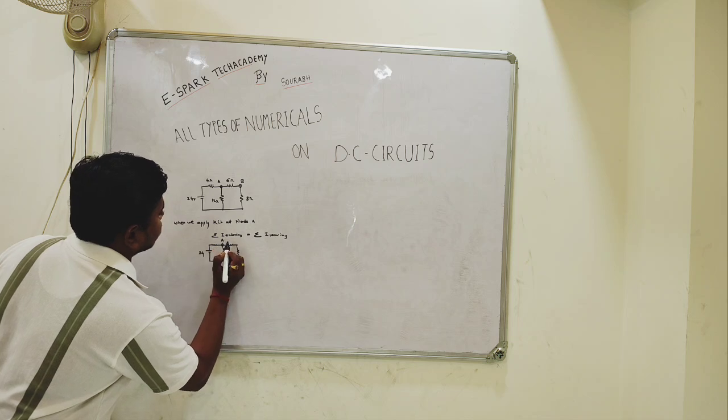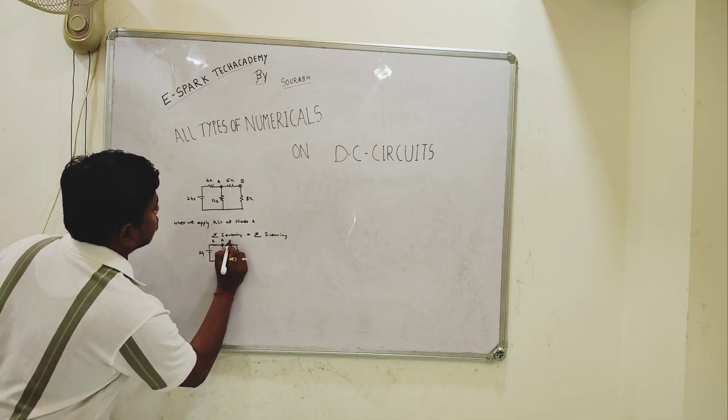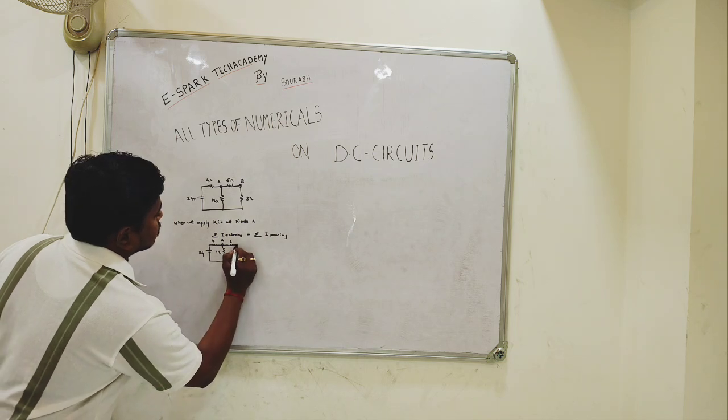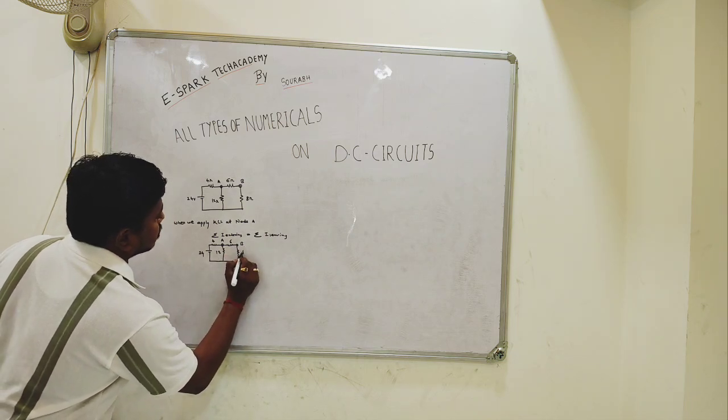Now at node A, resistors are 4, 6, 12. This is node B, resistor is 8.